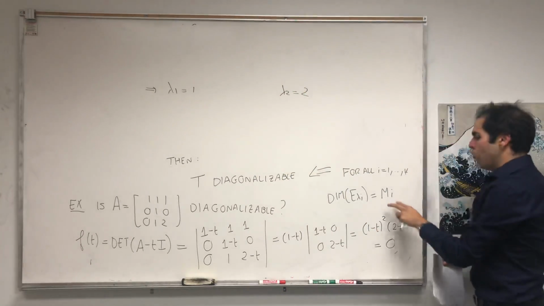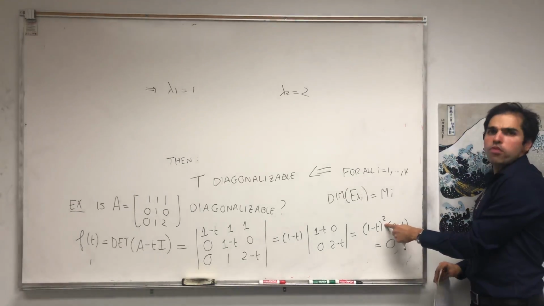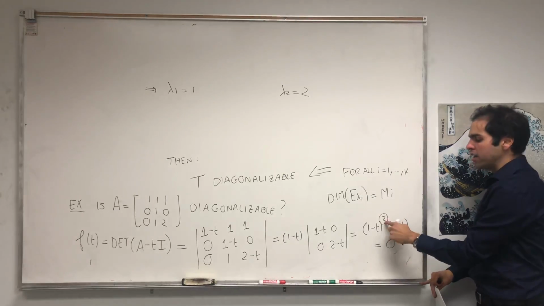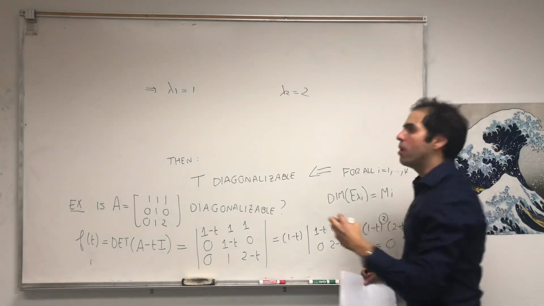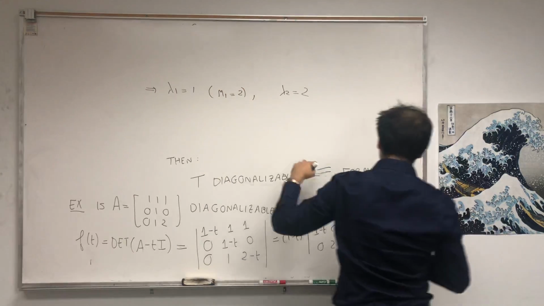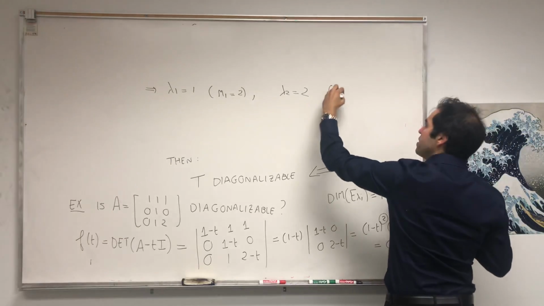Now, what are those mk? mk is just the number of times this eigenvalue is repeated. So here, because 1 is repeated twice, the multiplicity is 2. And here, because 2 is just repeated once, the multiplicity is 1.